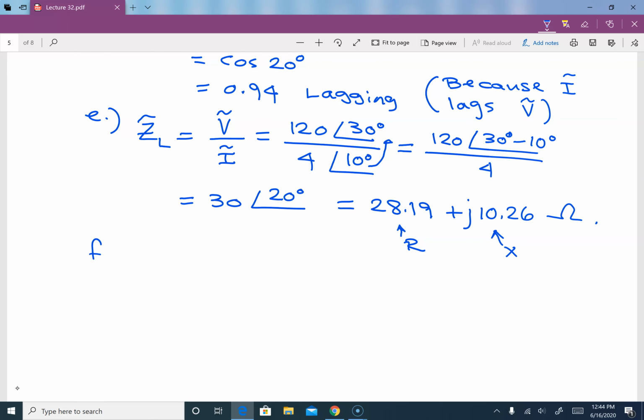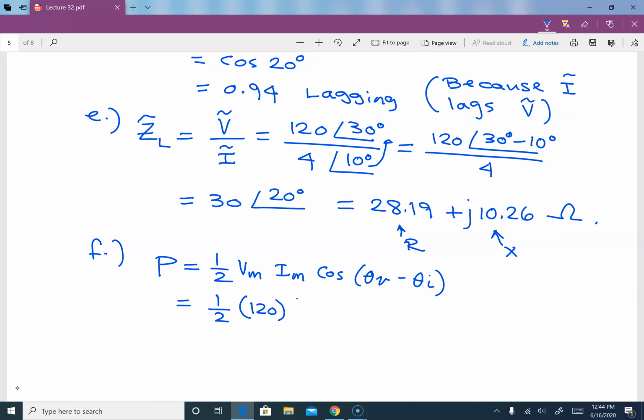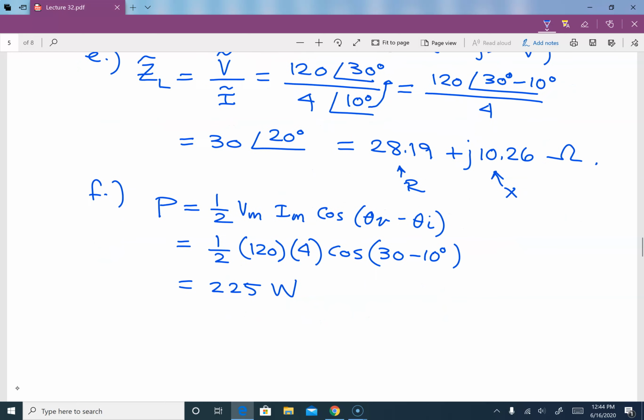For letter F, we need the average power, that is P, which is equal to, you can use 1/2 Vm Im cosine of theta V minus theta I, and that is equal to 1/2 times 120 times 4, and then cosine of 30 minus 10, and that is equal to 225 watts.